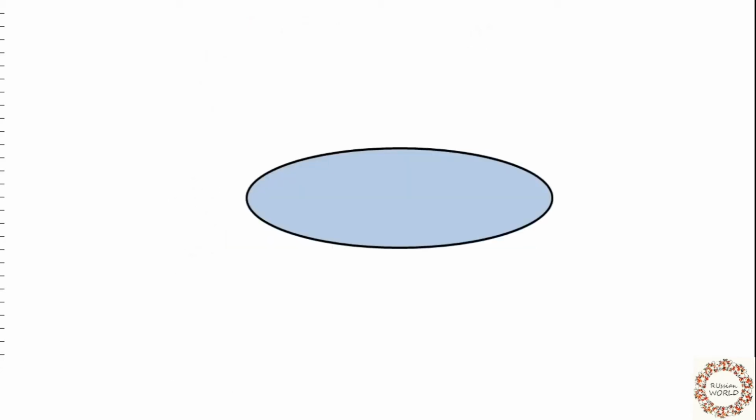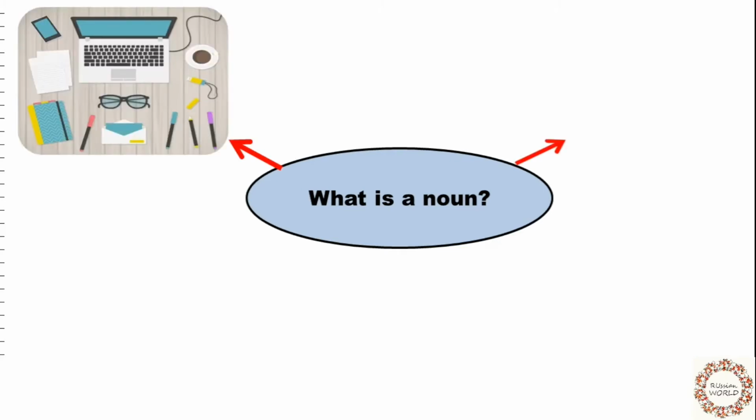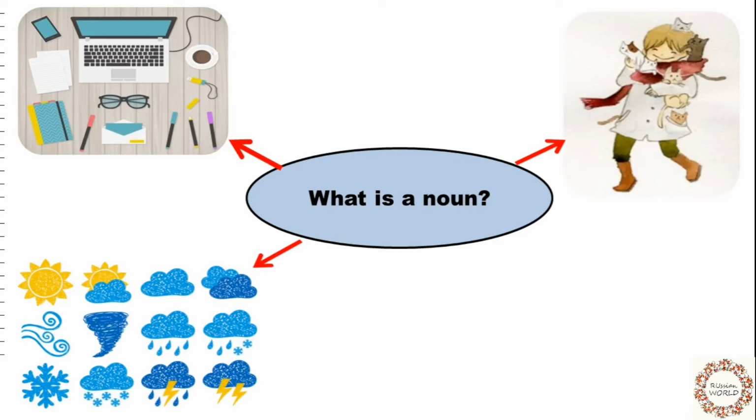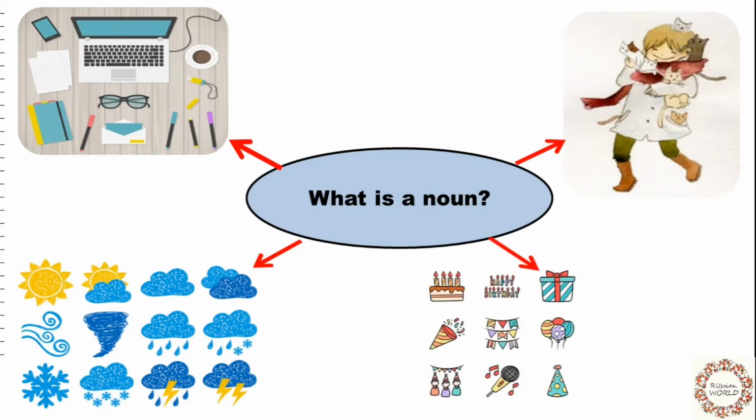Let's firstly identify which words are nouns. Nouns are words that denote objects, living creatures, natural phenomena, and events. And these words answer questions what, что, and who, кто.